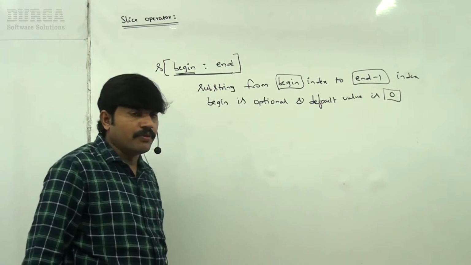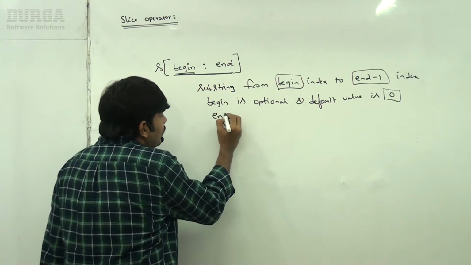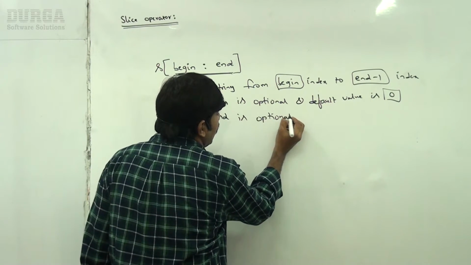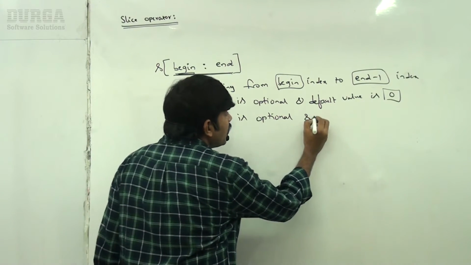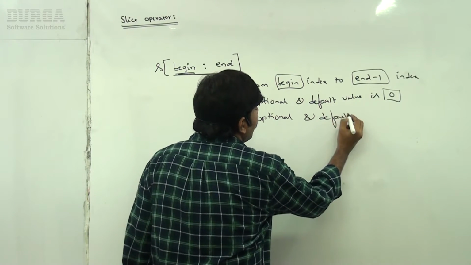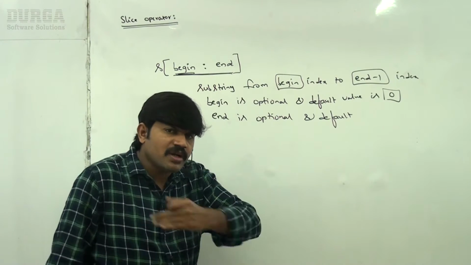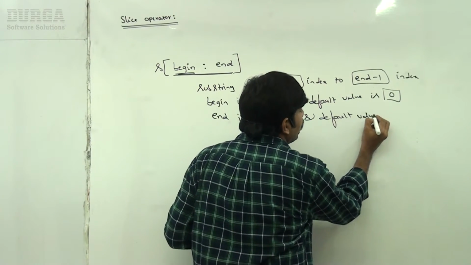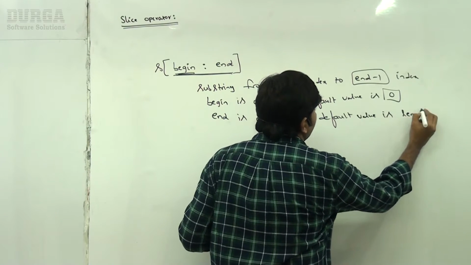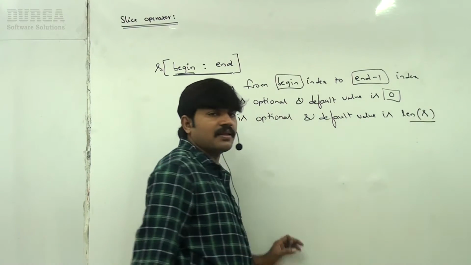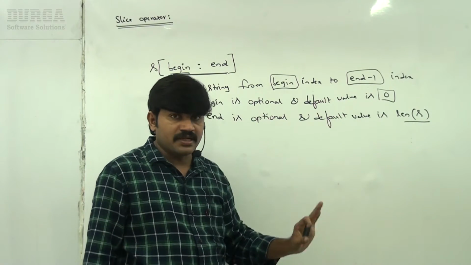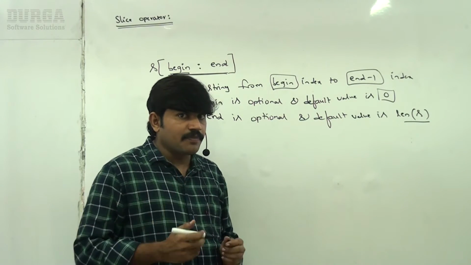Remember this one, 0. Next, end is optional. If you are not specifying end, it is going to consider until last. The default value is the length of the given string, which means until the last character by default. Remember that. Only 3 points I covered, sir.